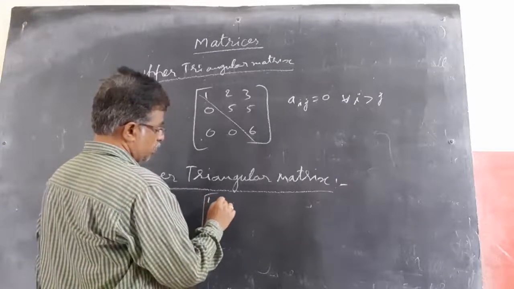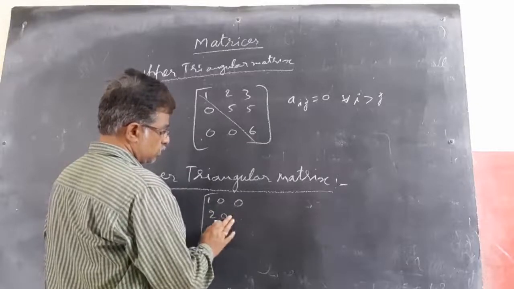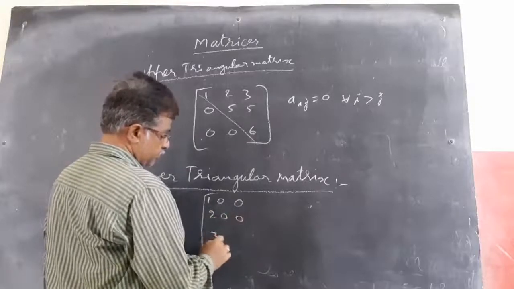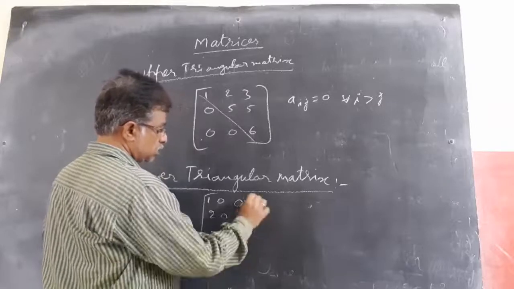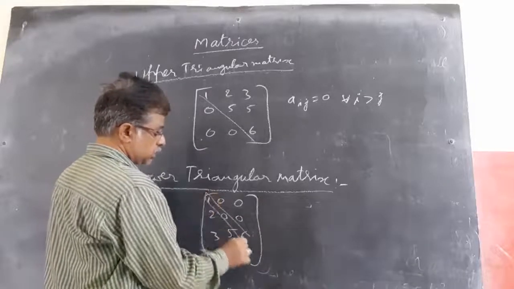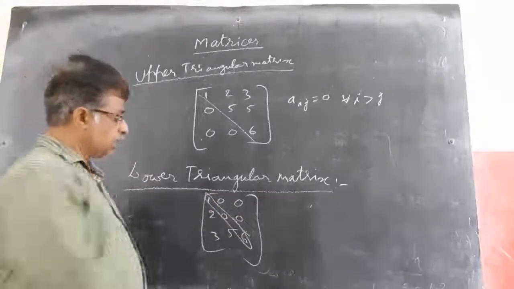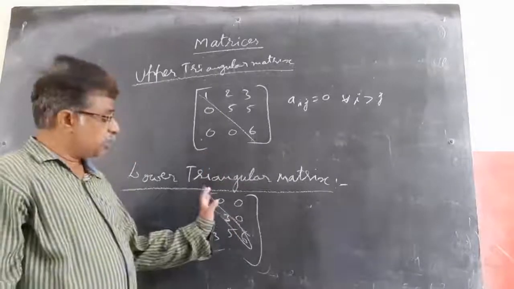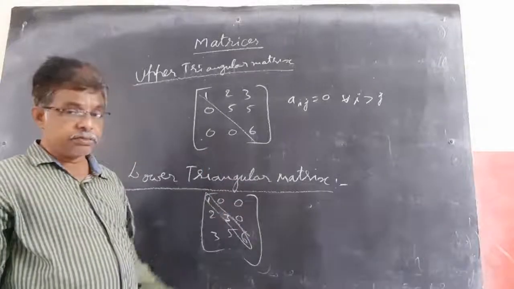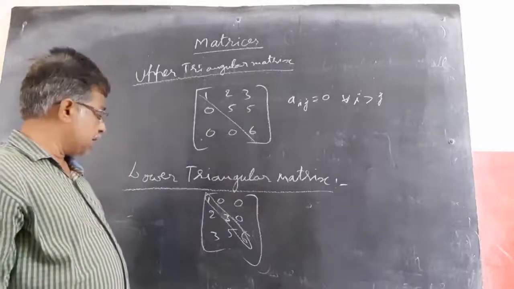Means 1, 0, 0, 2, 0, 0, 3, 5, 6, like this. This is the principal diagonal. The elements above the principal diagonal are zeros. The others can be 0 or something else, it doesn't matter even if they are 0. But above the principal diagonal, all the elements should be 0. Then it is called a lower triangular matrix.